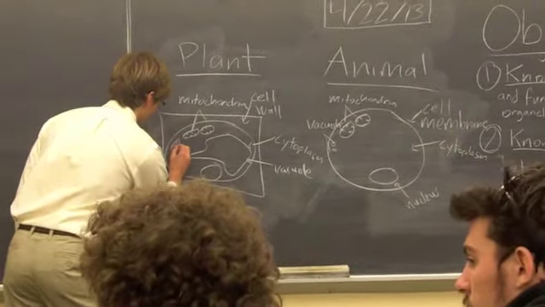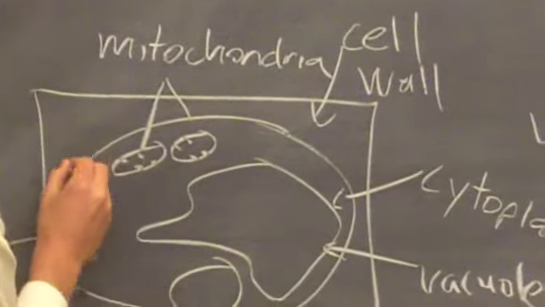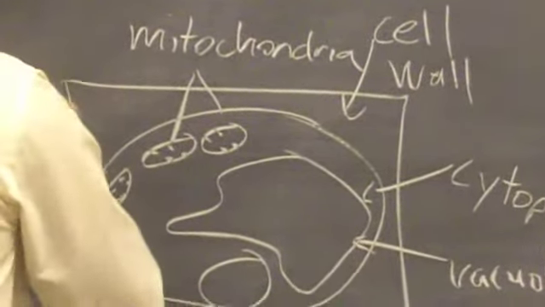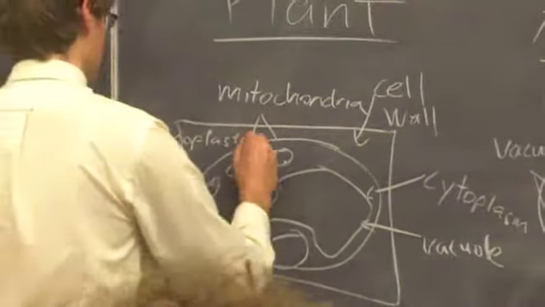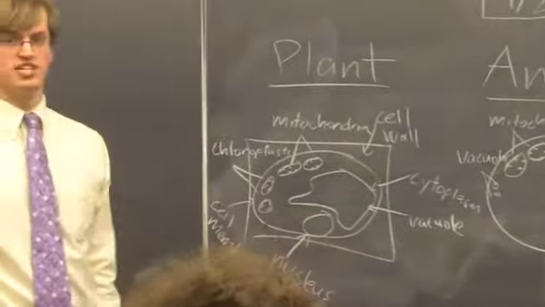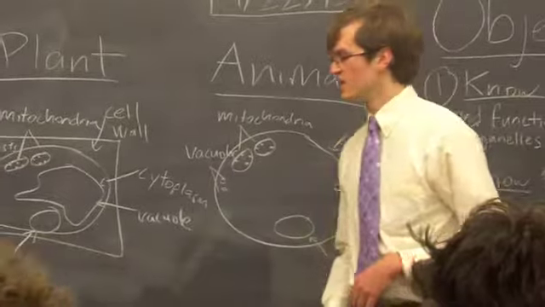They catch the sun's energy coming in, and they transform it into a usable kind for the plant cell. So plants utilize chloroplasts and mitochondria to get energy. Animal cells just use mitochondria for energy.